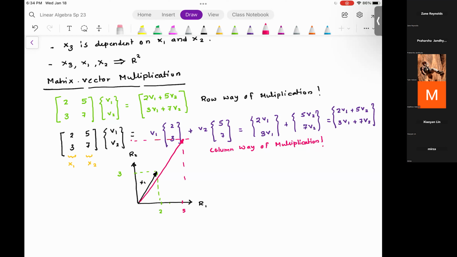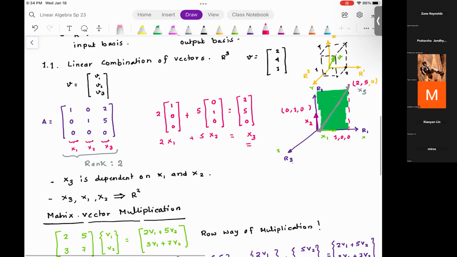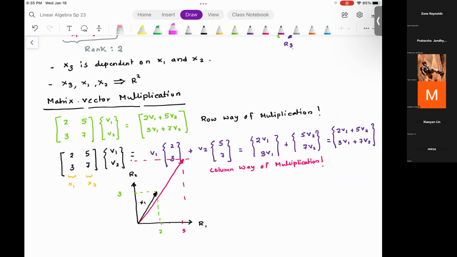Now, if you remember from the previous logic, the resultant of this vector, 2 comma V1 plus 5 comma V2 and 3 comma V1 plus 7 comma V2, it is important to observe that that vector is going to be somewhere in this space.